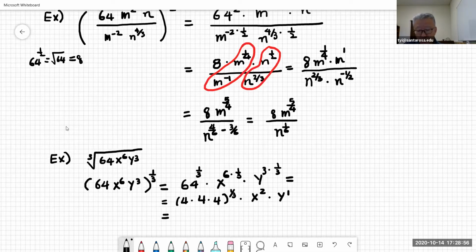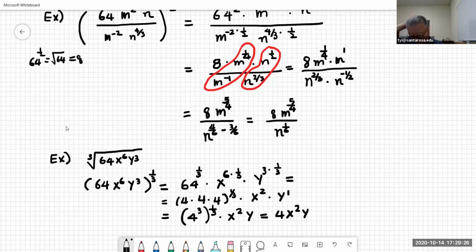So the first one is 4 cubed to the 1/3, then x squared y. Because of the power rule, 3 times 1/3 we just get 1. So that should be 4 x squared y. That's not bad, right?